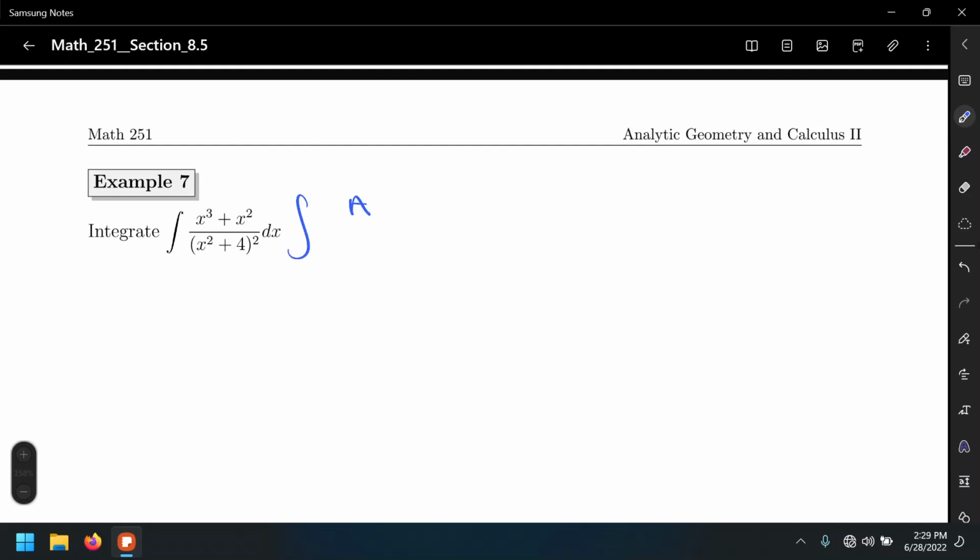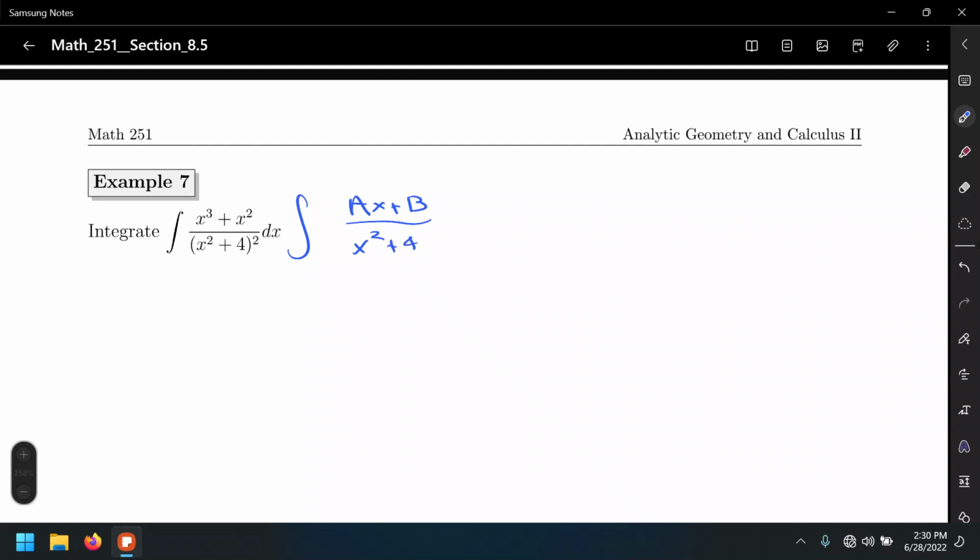What's it called? Well, we have an exponent 2. What does that exponent 2 tell us? Quadratic. Is that reducible or irreducible? Irreducible. So we need to do the ax plus b over x squared plus 4.